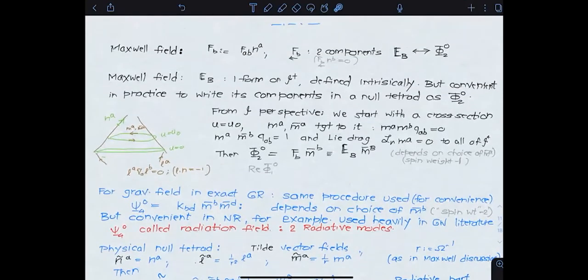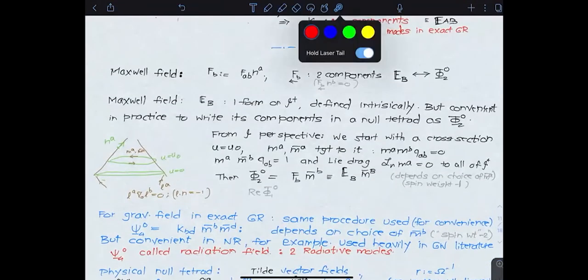It's electric, but it's electric with respect to the null normal n.